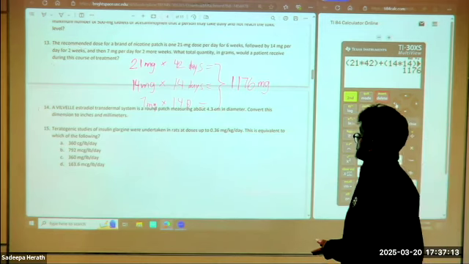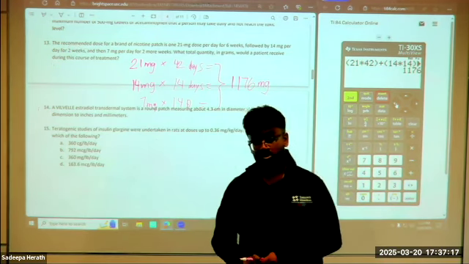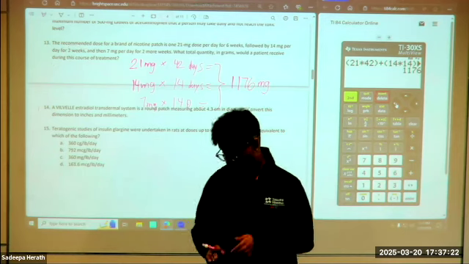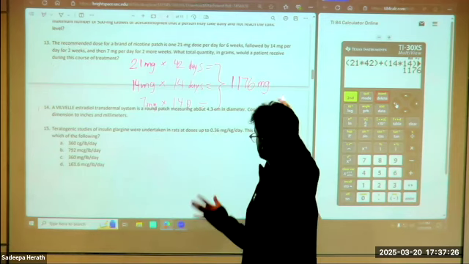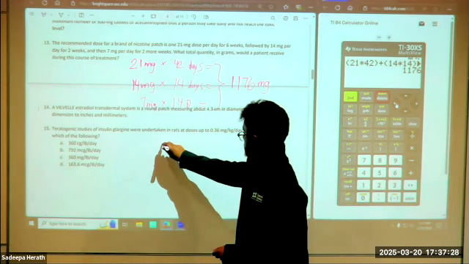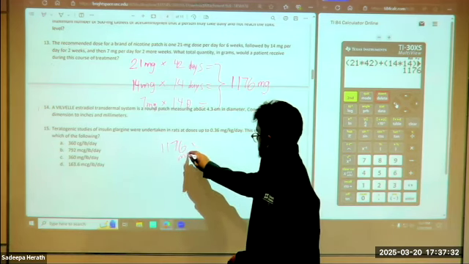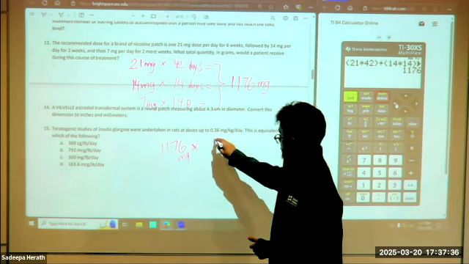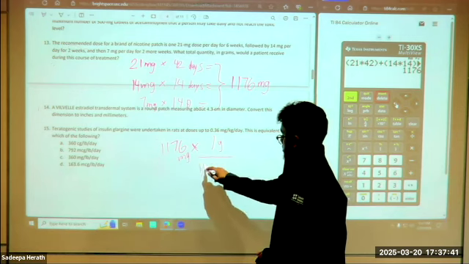So milligrams to grams, how many milligrams are in a gram? 1,000. So you can either do it in your head. I'm going to show it to you guys. 1,176 milligrams times, you want grams, so that's what's at the top, and you're converting from milligrams, 1,000.